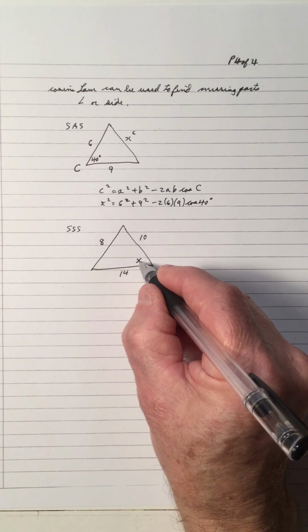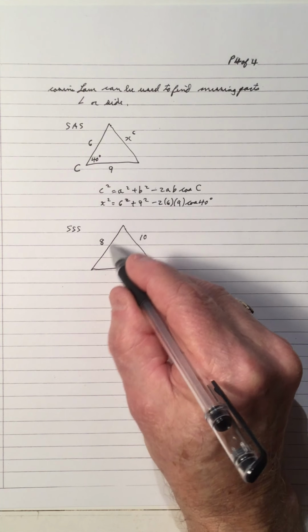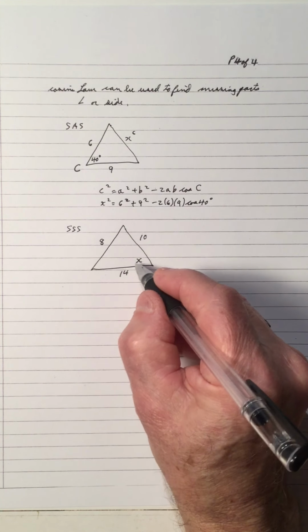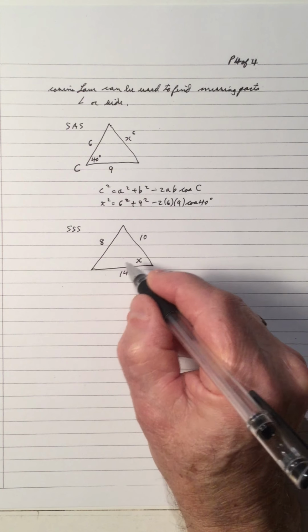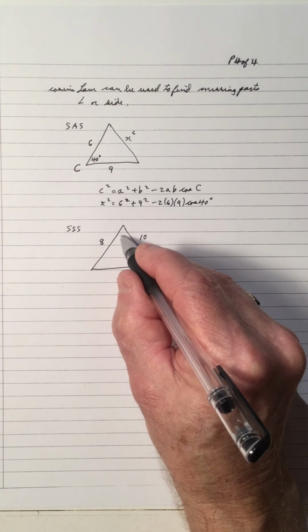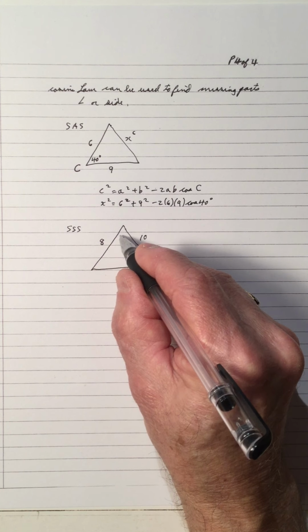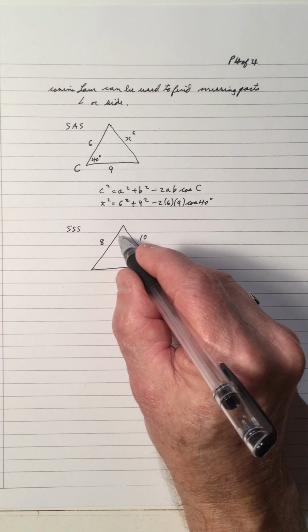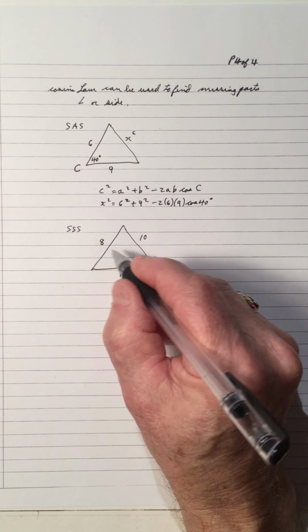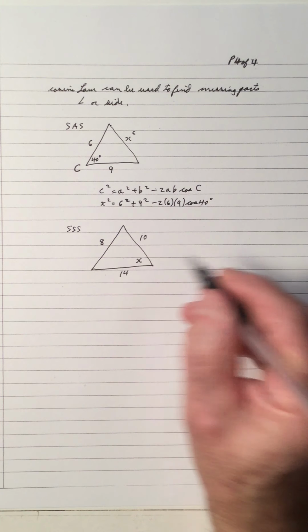Let's say you want to get this angle. Notice that this is the smallest side because it's 8, so this is the smallest angle. Also, this is the longest side, 14, so that's the largest angle, because the size of the angle determines the length of the side. Smallest angle opposite the smallest side. The largest angle opposite the largest side.